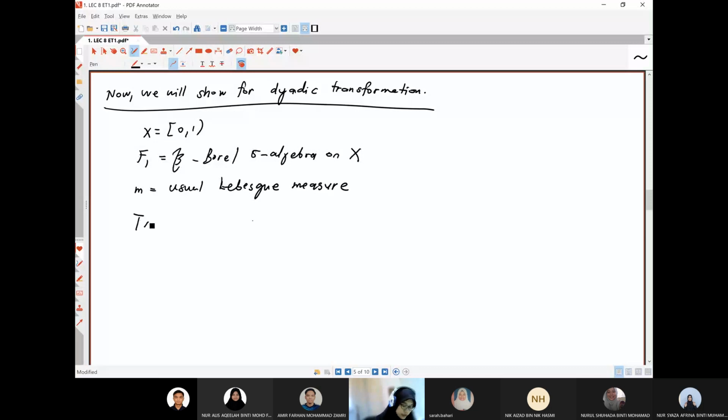And the dyadic transformation is given by this formula: T of x is equal to 2x mod 1.